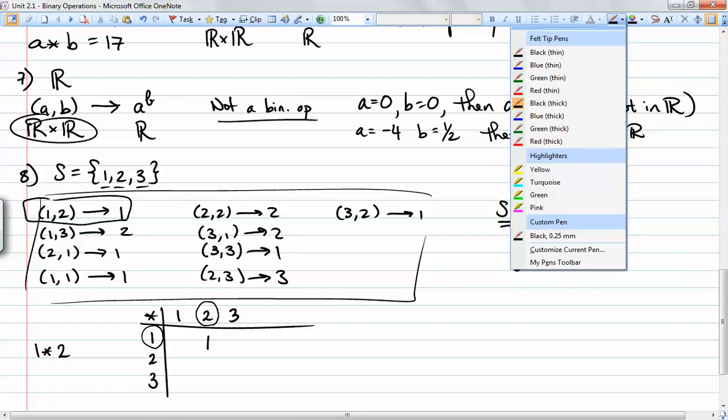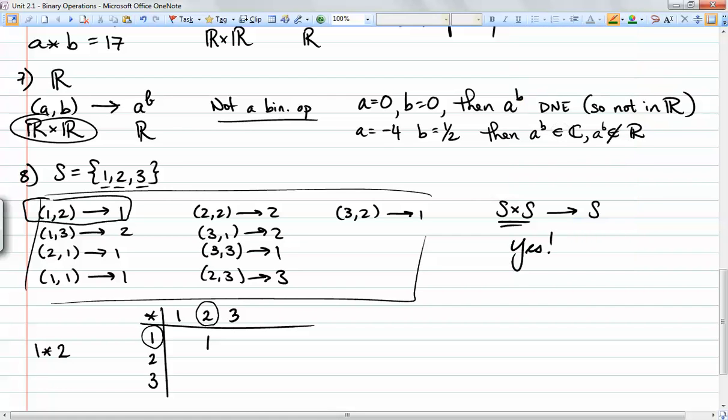Let me use another color to match stuff here. So let's look at 1, 3. Right, so 1 star 3 equals 2. So 1 star 3, this one should be a 2. 2, 1 should go right here. That's a 1. 1, 1 is a 1.